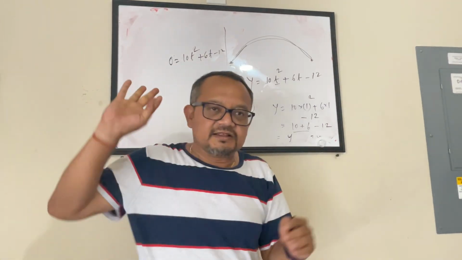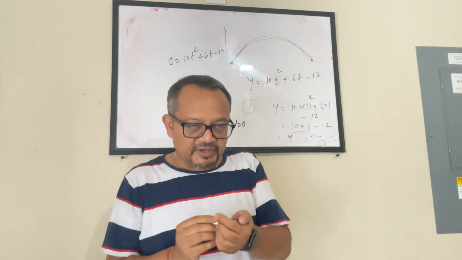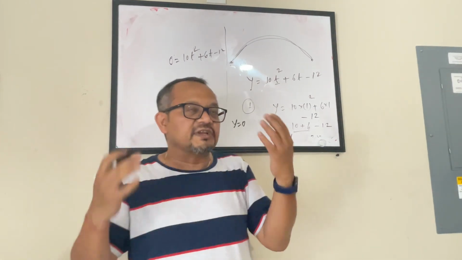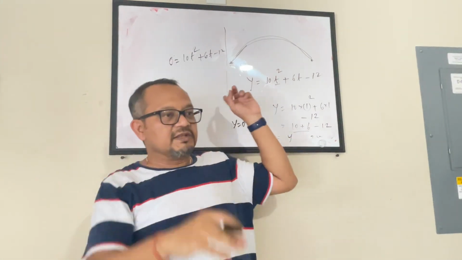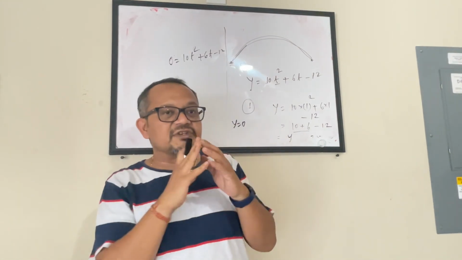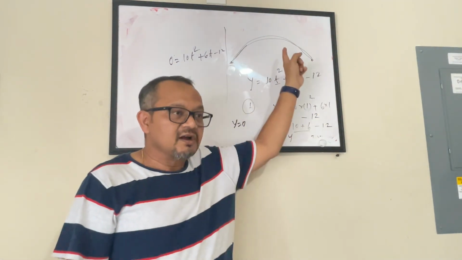So again, this is just an example of what we are trying to represent in the word problem, which says that when you throw a stone above, this is the relationship which depicts the height of the stone against time.